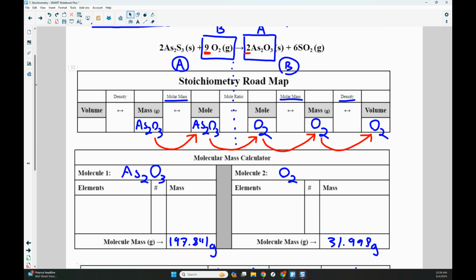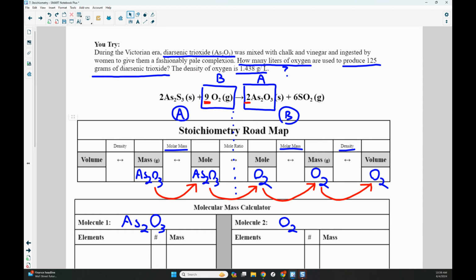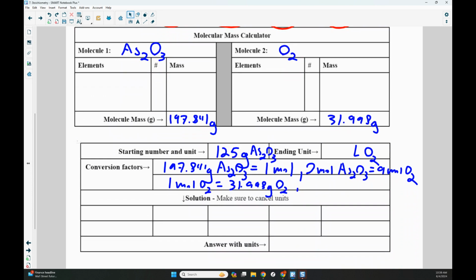And for that, I'm going to get my conversion factor from the problem. I'm going to use the density of oxygen, which is 1.438 grams per liter. So for every 1.438 grams of oxygen, I have 1 liter of oxygen.